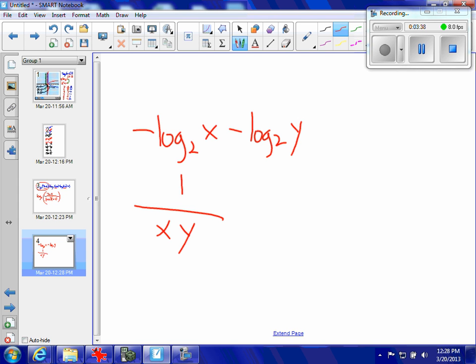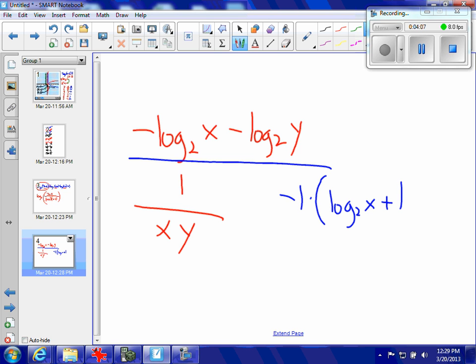Now, let's look at that a little bit differently. How do I get to that spot? Just so you can take a different route and understand why it's like that. I'm going to take my original expression and change it to negative 1 times log 2 x plus log 2 y.